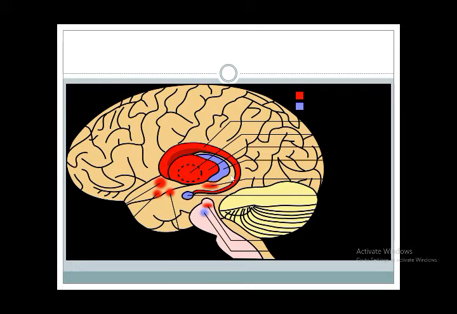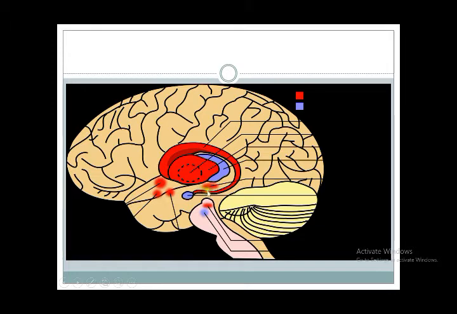This is the projection of these nuclear structures in the brain, visualized from the side of the brain, showing how the structure is formed between the different nuclei. This is basically the caudate nucleus, and here in the red area you can see the putamen, and this dashed area, which is more medial, is the globus pallidus. And the blue one is the thalamus here. This is the amygdala.